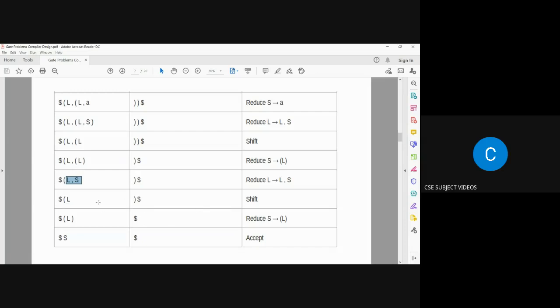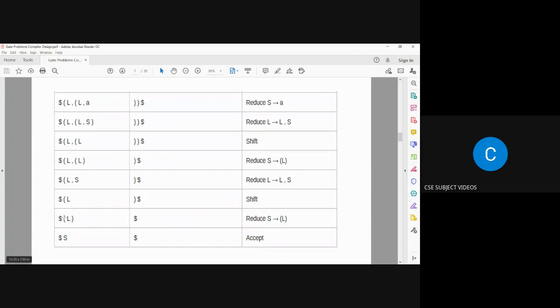With this step what are we doing next, shift or reduce? With this we will do only the shift operation, because with the L there is nothing to do. So again the next input symbol, the closing bracket, is shifted to the top of the stack.